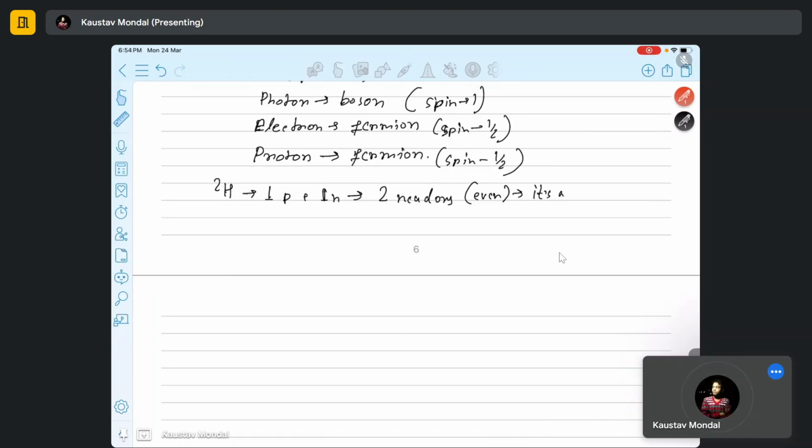Similarly, sodium-22 has 11 protons and 22 minus 11 neutrons, so 11 protons plus 11 neutrons gives 22 nucleons.